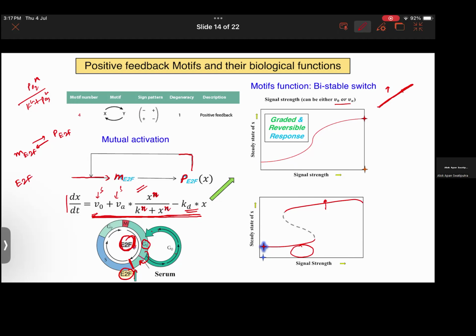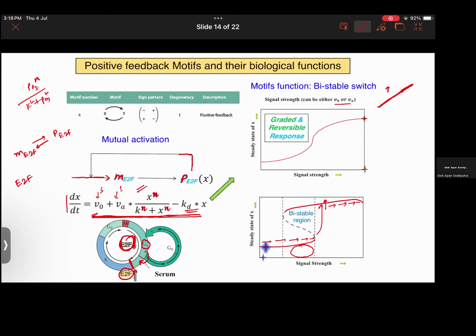How will the steady state of this particular protein change if there are any variations? We start from a low signal, and once it reaches here, it will switch to the higher level.